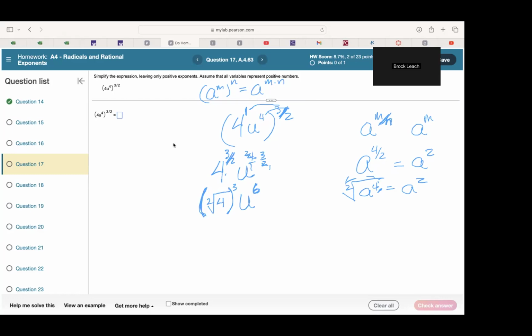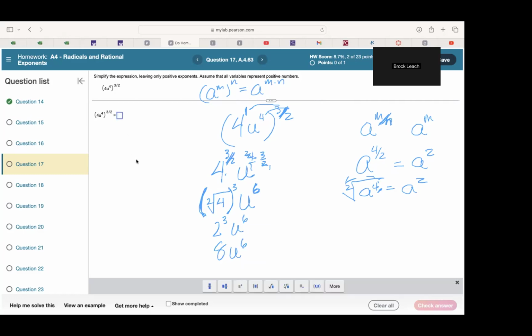That's 16. It's outside of our multiplication tables. But I do know that the square root of 4 is 2, and I know that 2 to the third is 8. So this gives me 8u to the 6.